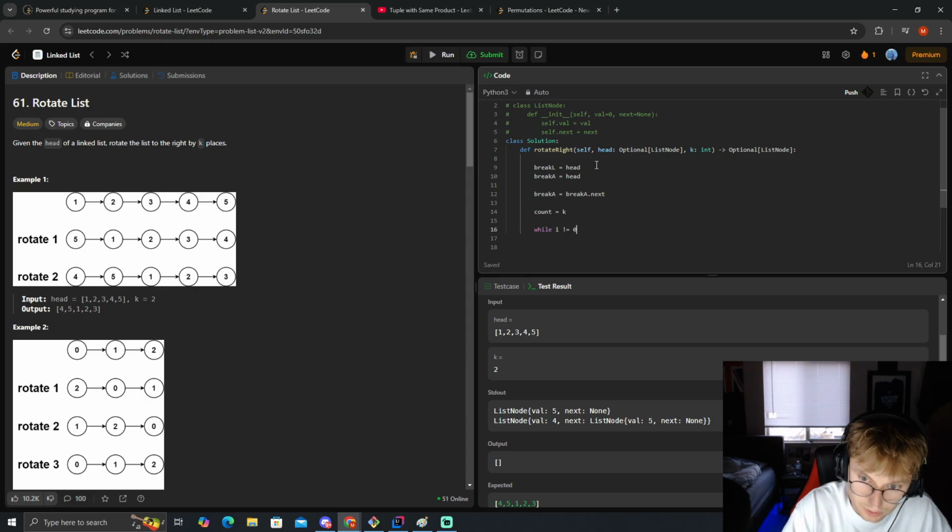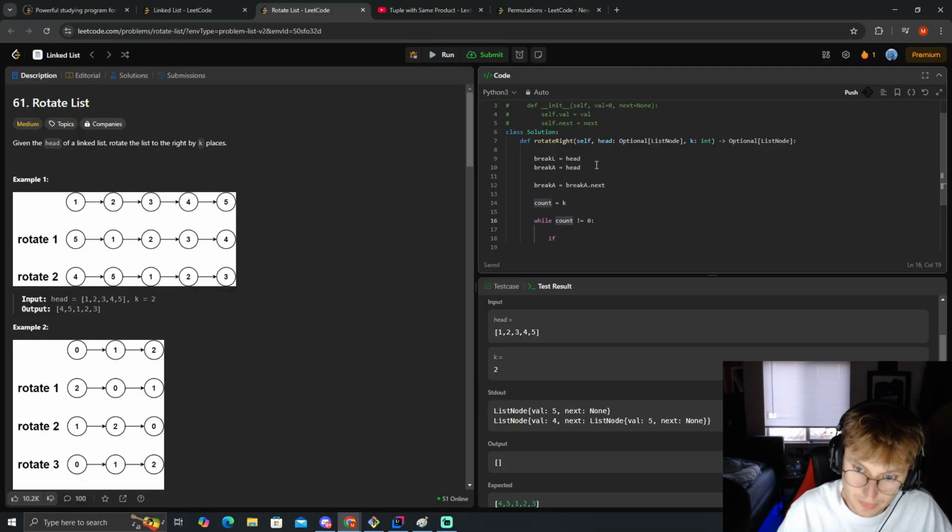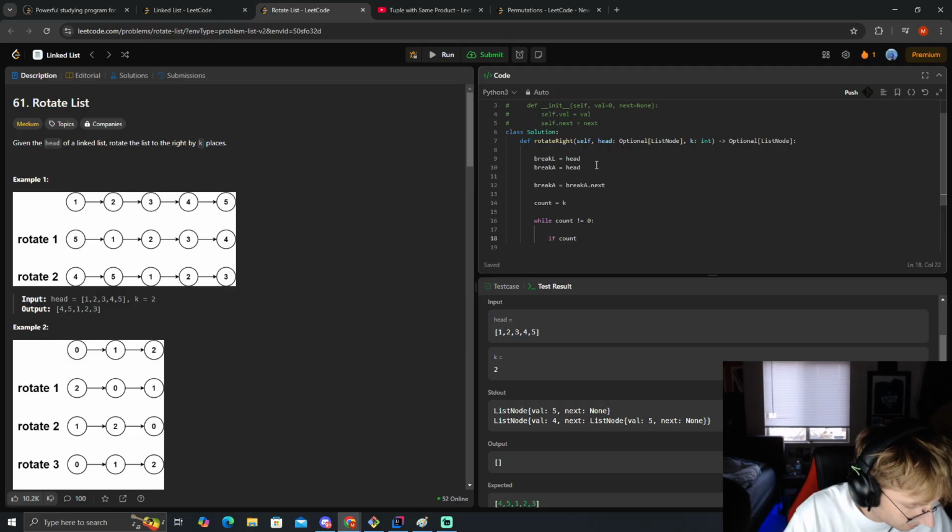I does not equal 0, if count minus 1 is equal to 0.